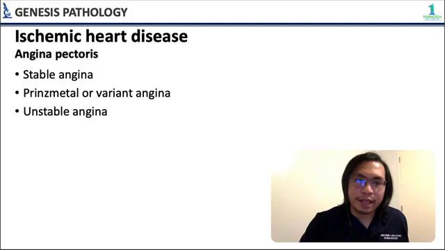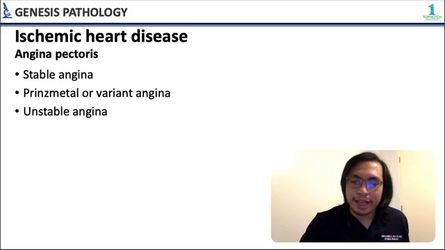Okay? Prinzmetal or variant angina is a type of angina that is not particularly caused by your atherosclerosis, but it is caused by your transient coronary vasospasms. So, in Prinzmetal or variant angina, usually we can see sa ECG changes, ST elevations.